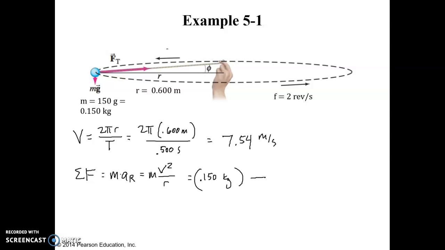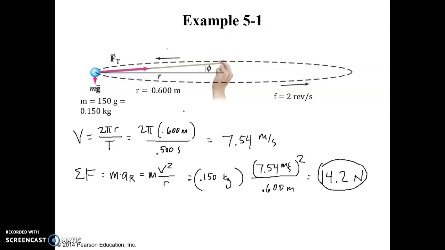The velocity we just determined in the first part is 7.54 meters per second. Don't forget to square that, and then divide by the radius of 0.600 meters. So 0.150 times 7.54 squared divided by 0.600 should give us 14.2 newtons. That is the force in the string when this ball is spun around in a circle at this speed.